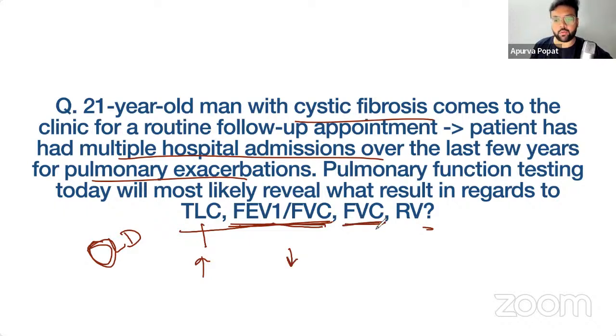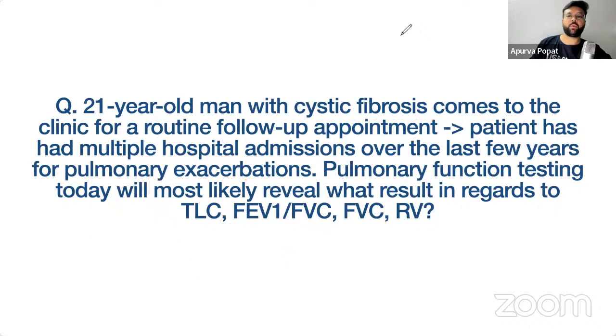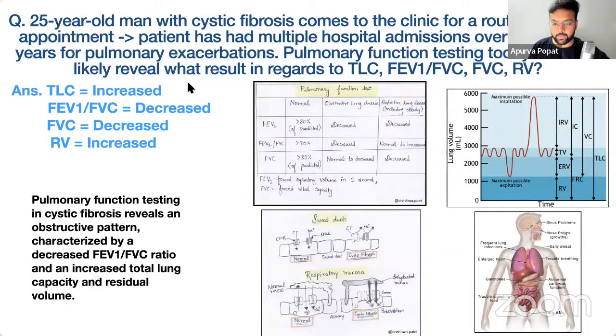Perfect. And what about FVC? Low. FVC will be low as well, but FEV1 will be very, very low as compared to FVC. What about residual volume? Increase. Perfect. So that's obstructive lung disease because of bronchiectasis.